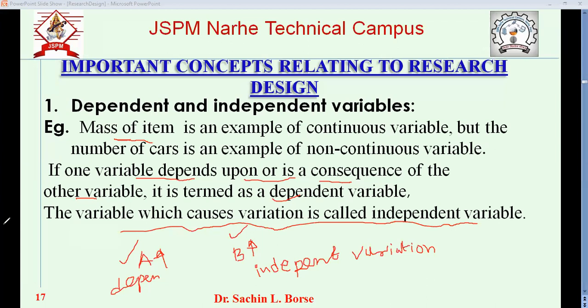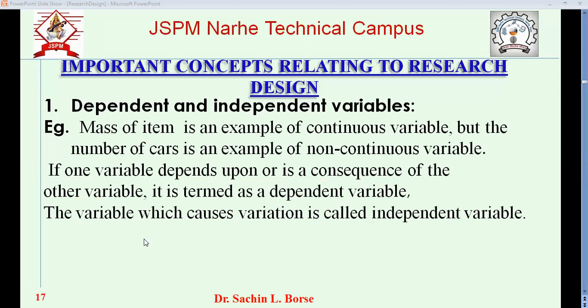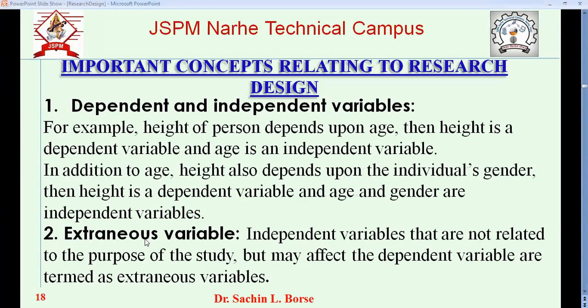So we'll see the example here. Like we know that weight and age are related. The weight of a person having the age of 1 year can be maybe about 6 kg.